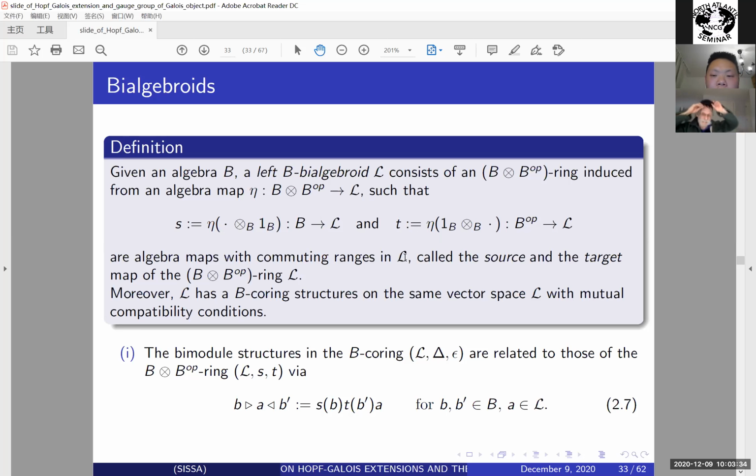We also need to require that they have commuting ranges in L, and moreover, L also has a B-coring structure on the same vector space with three compatibility conditions.